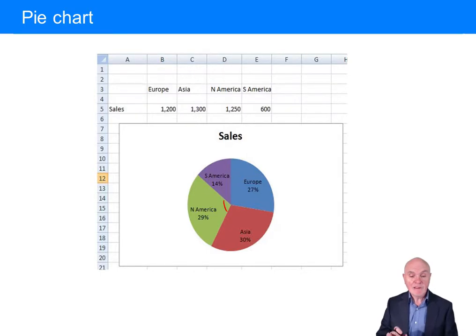And again, by looking at this, you can very quickly see which is the most significant area, which are the least significant areas, and so on. And again, it just makes it a little bit easier for you to extract meaning from the data.